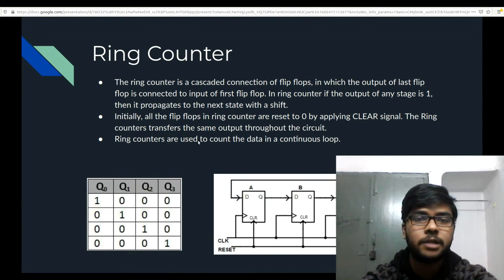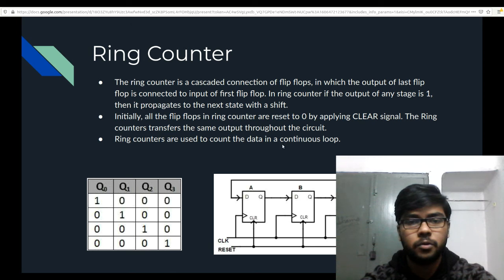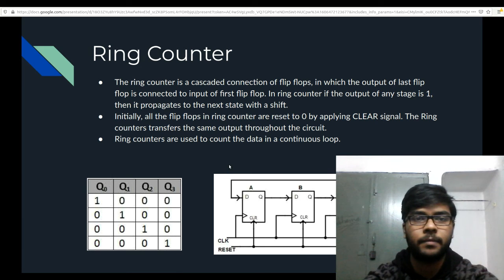The ring counter transfers the same output throughout the circuit. Ring counters are usually used to count data in a continuous loop.